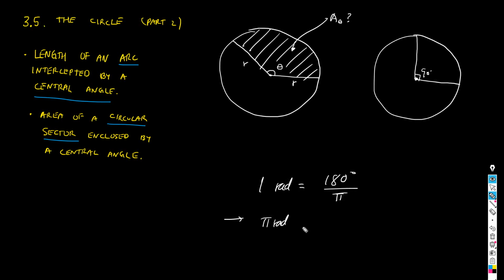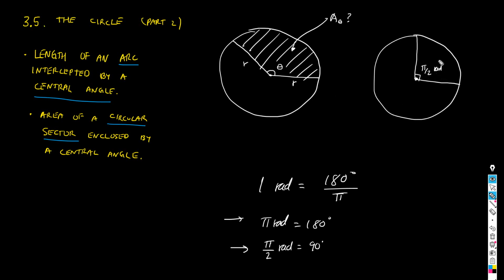So we get pi radians equals 180 degrees, and then we divide both sides by 2. Pi over 2 radians will be equal to 90 degrees. Therefore, 90 degrees is equal to pi over 2 radians, and I can write that down in here. This central angle measures pi over 2 radians.